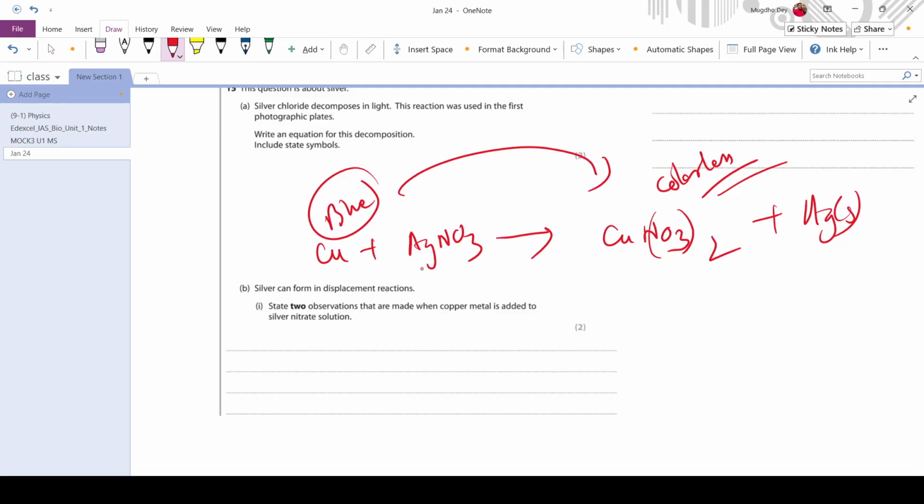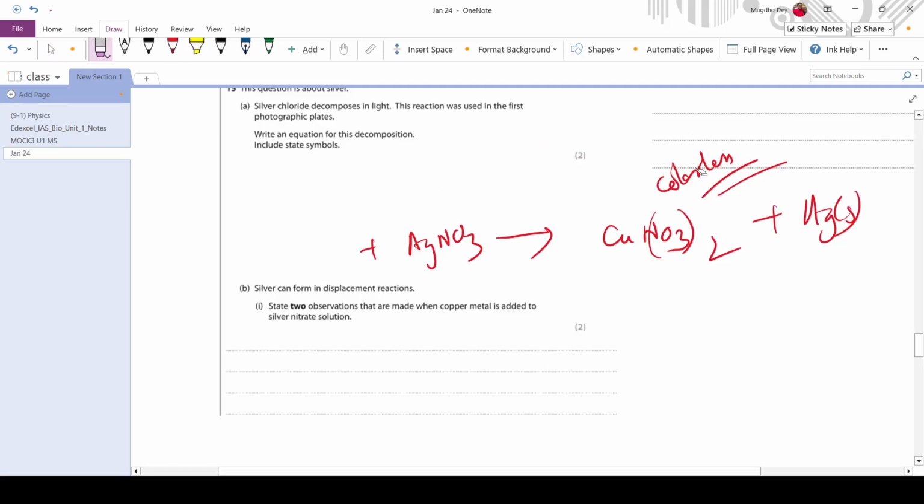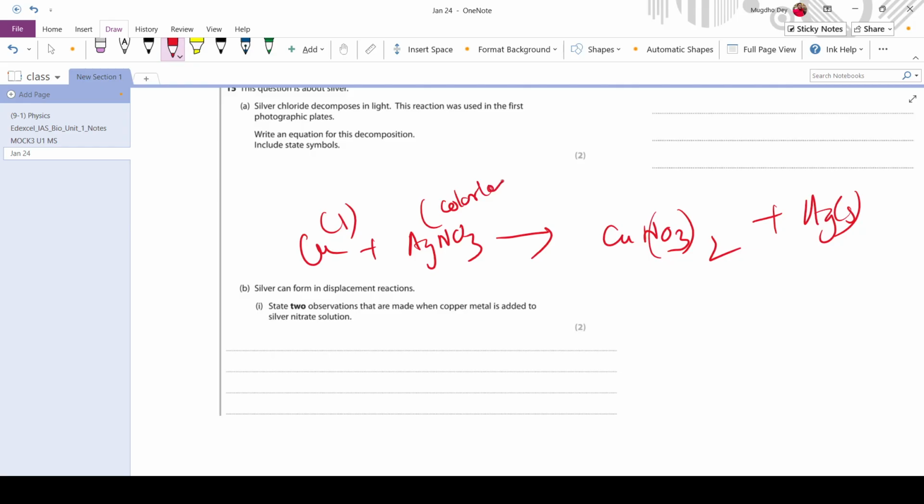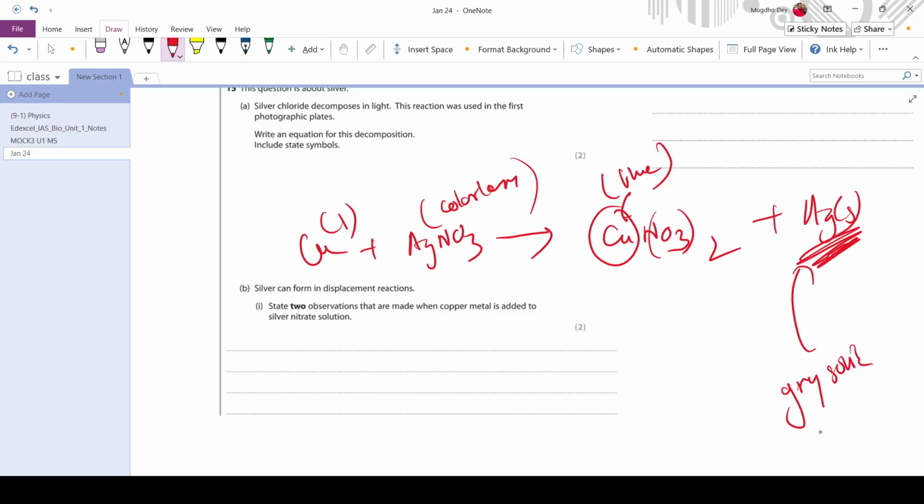Okay, yeah, I made a mistake. Sorry, I just wrote it the opposite. Colorless. This is solid, right? We're basically adding solid to silver nitrate. So it was colorless before, and then it turned blue due to copper. And another observation, we can see a gray solid is produced.